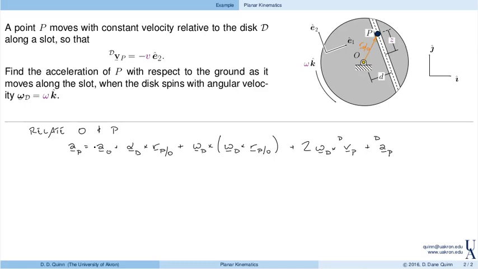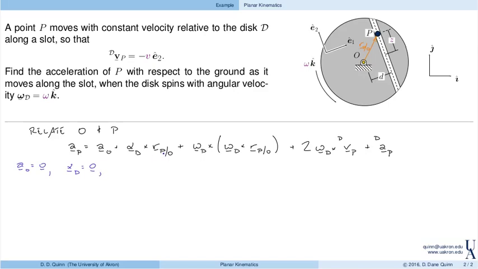So now, let's look at these terms. The acceleration of O is 0. Again, O is fixed in the ground. So that's easy. The next one is the angular acceleration of the disk. Well, the angular velocity was constant, so that means the angular acceleration also vanishes.